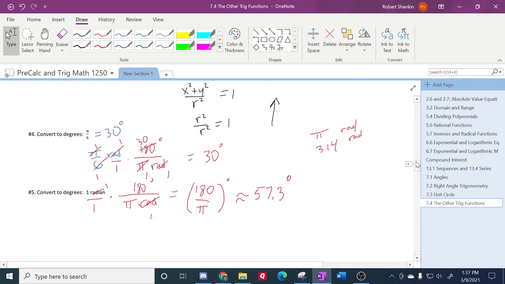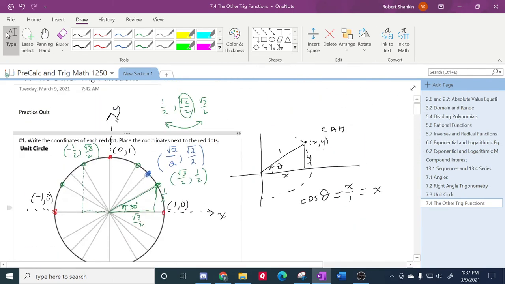And that makes sense if we look back over here. If this is pi, way over here, pi radians, pi is 3.14. So 1/3 of that is like 1/3 the way around the circle. 2/3, 3/3. So very close to 60 degrees is 1 radian, 2, 3 radians, etc.